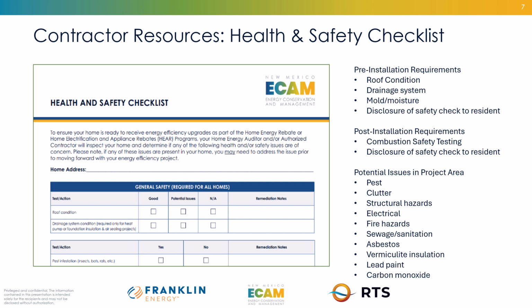Post-installation requires a combustion safety test when major gas combustion appliances, for example furnaces and water heaters, remain in place after HVAC, water heaters, air sealing, gas capping, and/or insulation that has an air sealing effect have been installed. Proof of combustion safety testing is required to be collected and retained in all instances where testing is performed.